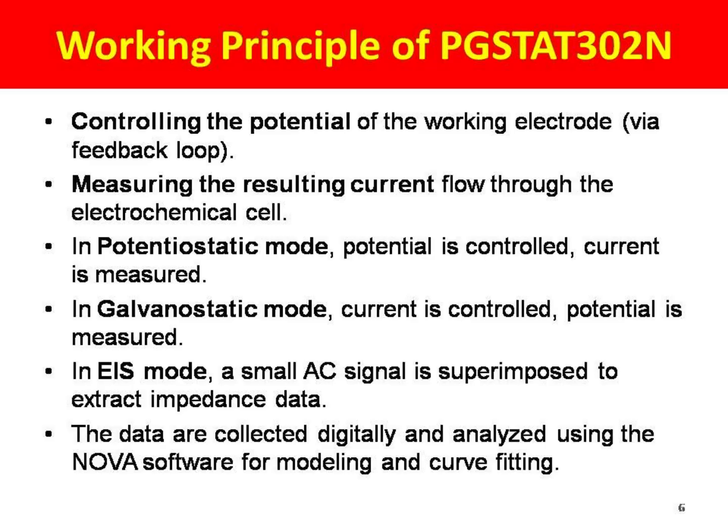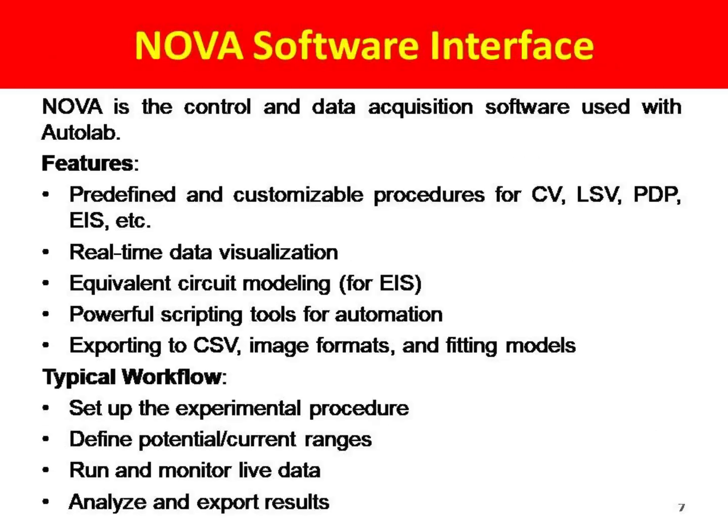In EIS mode, a small alternating current signal is superimposed to extract impedance data. The data are collected digitally and analyzed using Nova software for modeling and curve fitting. The Nova software interface is the control and data acquisition software with the Autolab.